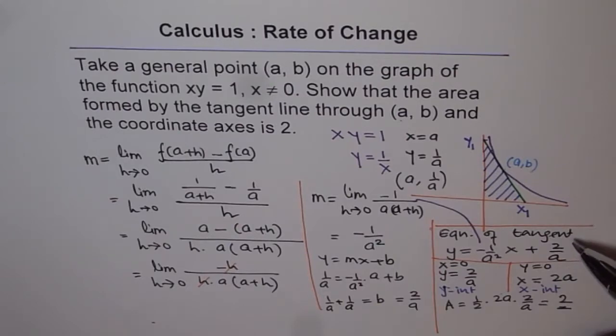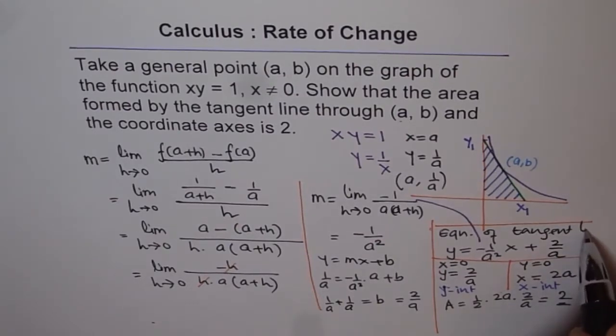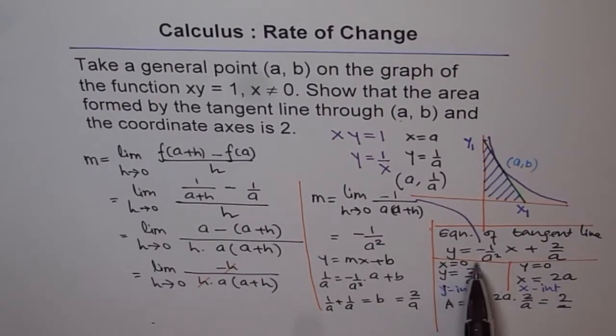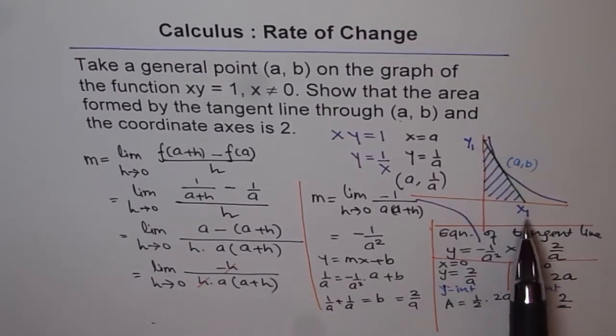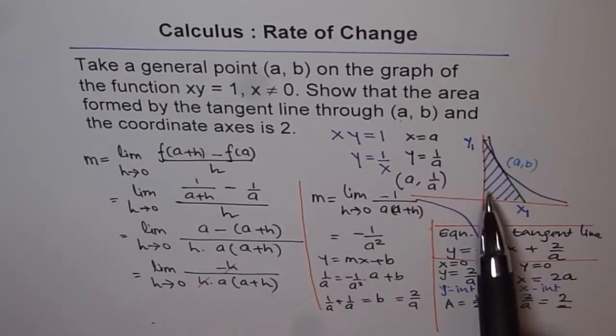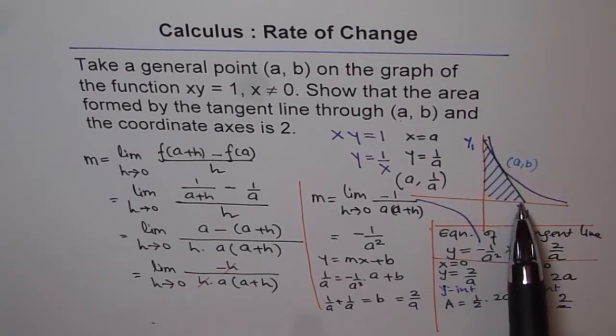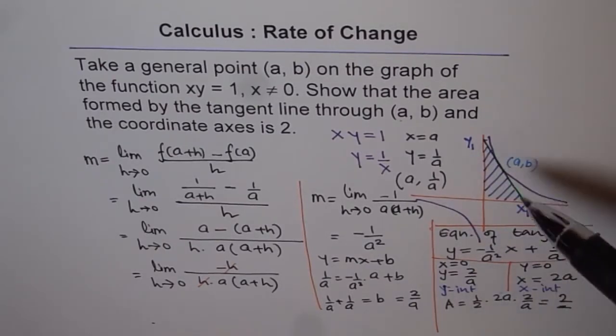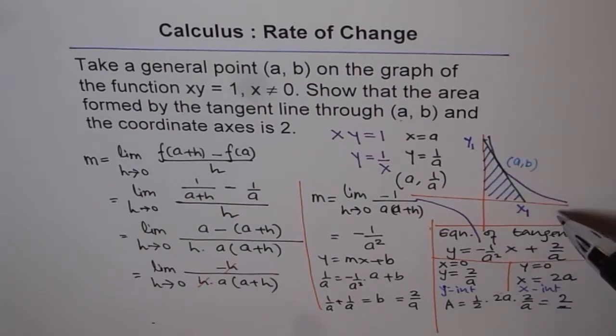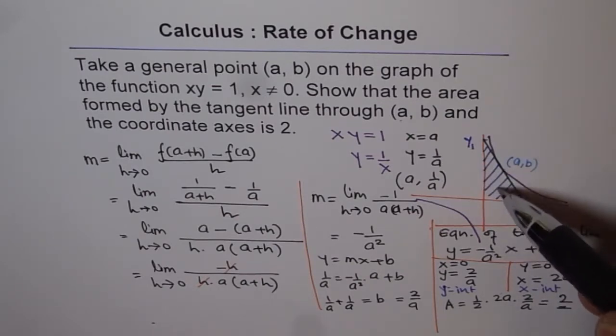After getting the equation of the tangent line, which is y equals minus 1 over a squared x plus 2 over a, we found the y-intercept and x-intercept. The area formed by the tangent line and the two axes is shown here as shaded, right?